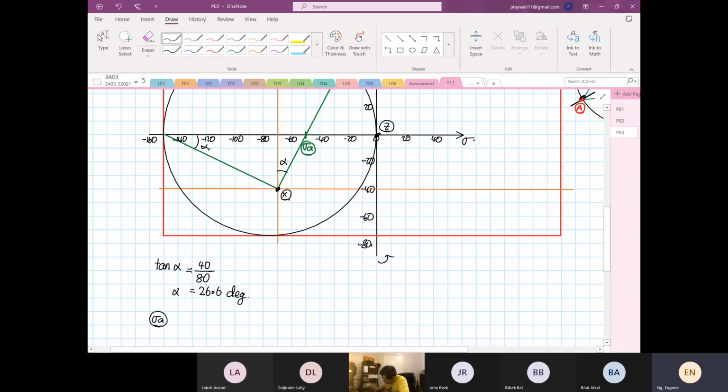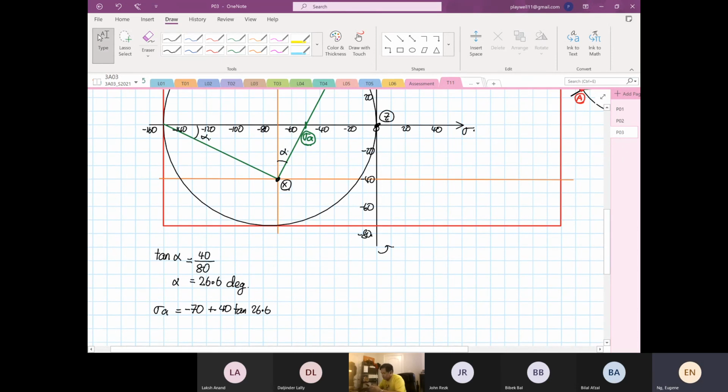So the position of stress A will be equal to minus 70 plus tangent 26.6 times 40.